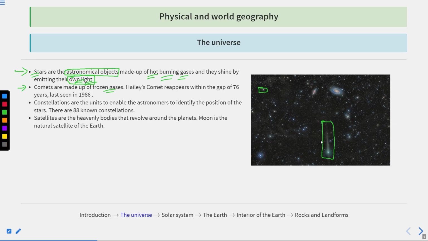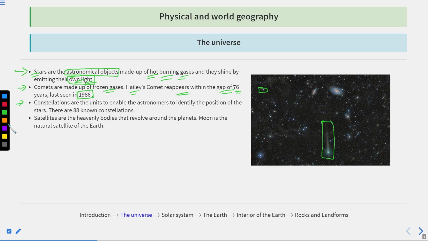Talking about a particular comet, Halley's comet reappears within a gap of 76 years. Last time it was seen in 1986. So when it completes the 76 years, it will be visible again.